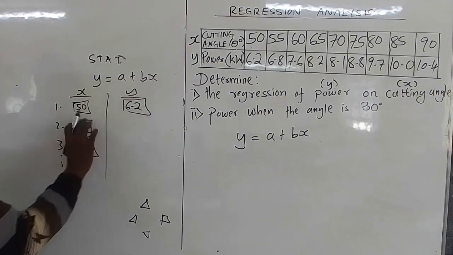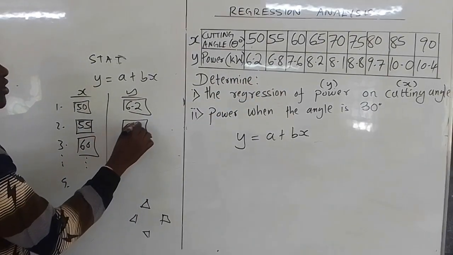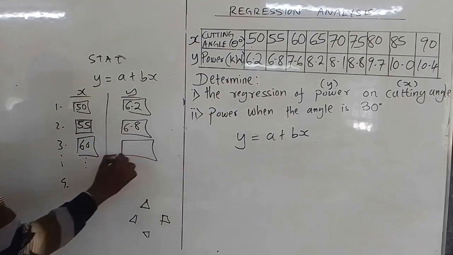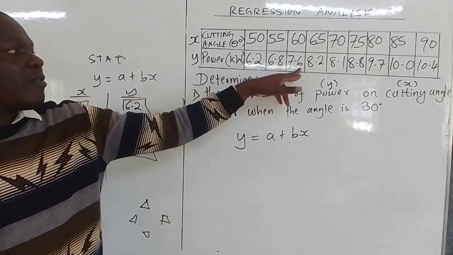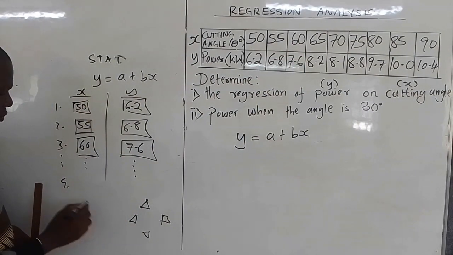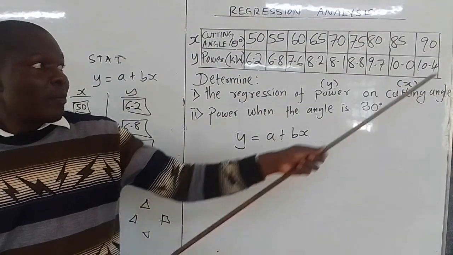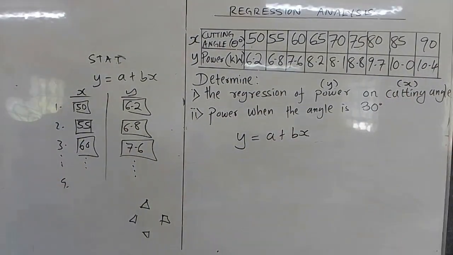When you press equal, it will tell you to record the next y value, which is 6.8. Then the next y value, which is 7.6. You continue with the same procedure until you record the last y value, value number 9, which is 10.4.